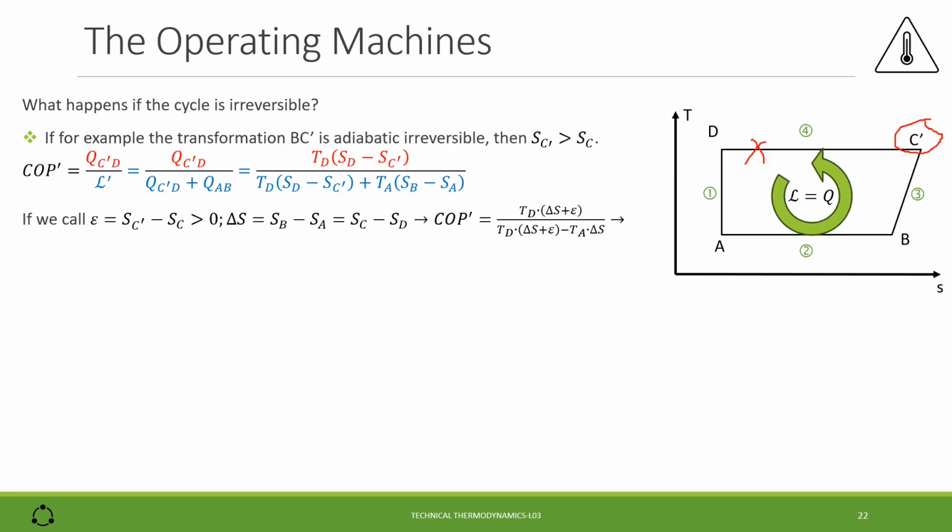If we call epsilon the difference of the entropy of the point C' and the point C, and we call delta S the difference of the entropy of point B and A, which is the same as between points C and D, we can express it as the ratio between the product of TD and delta S plus epsilon, and TD into delta S plus epsilon minus TA into delta S. And the inverse of COP' is 1 minus TA over TD into delta S over delta S plus epsilon.